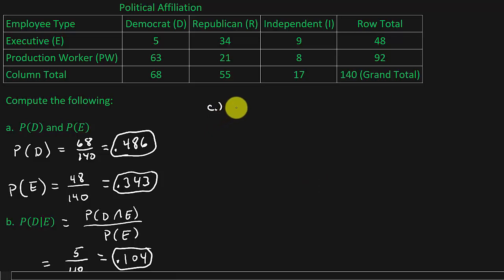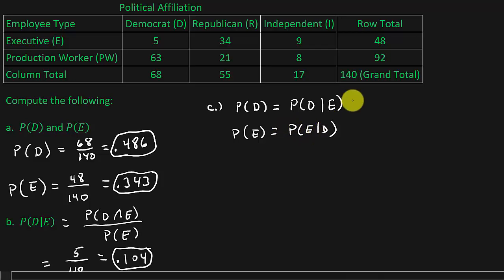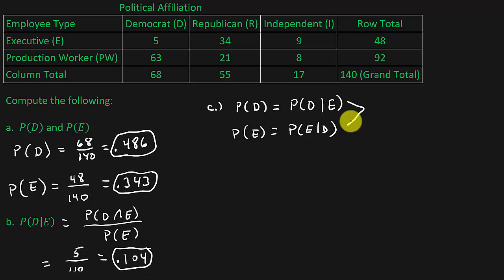If we can show the probability of D is equal to the probability of D given E, or we show that the probability of E is equal to the probability of E given D, if either one of those is true, then they are independent. If they're not equal, that means they're not independent.